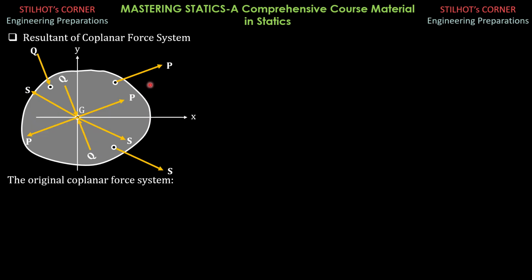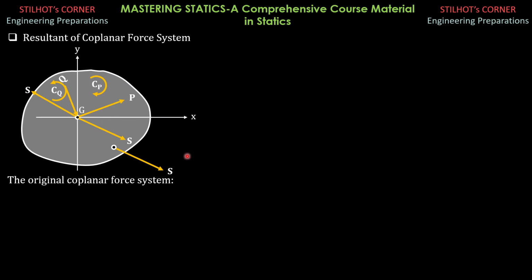So we can remove them and replace them with a clockwise couple because the effect of P would be clockwise, and I'll call that C sub P, the couple due to P. Then notice also that this Q here and that Q constitute a counterclockwise couple, so we can remove them and replace them with a counterclockwise couple C sub Q as shown in the figure.